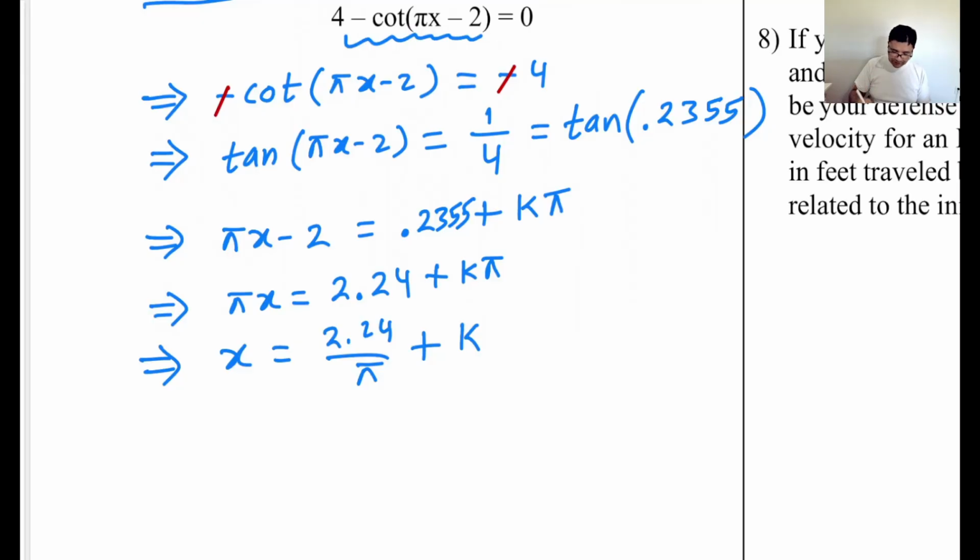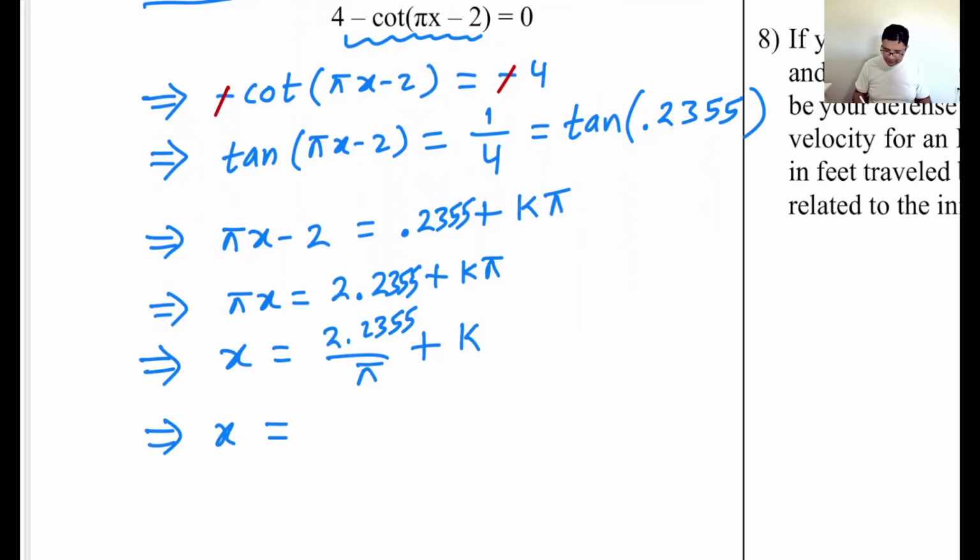But what I will do is, instead of rounding to two decimal places, I will take four decimal places. It was 0.2355 on the calculator. I'm still going with that, so that in this step, when I divide by pi, I can then round to two decimal places correctly. And that would be my solution.